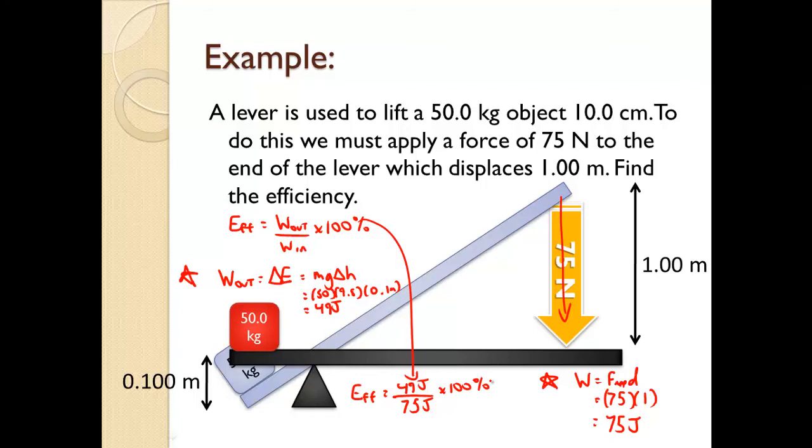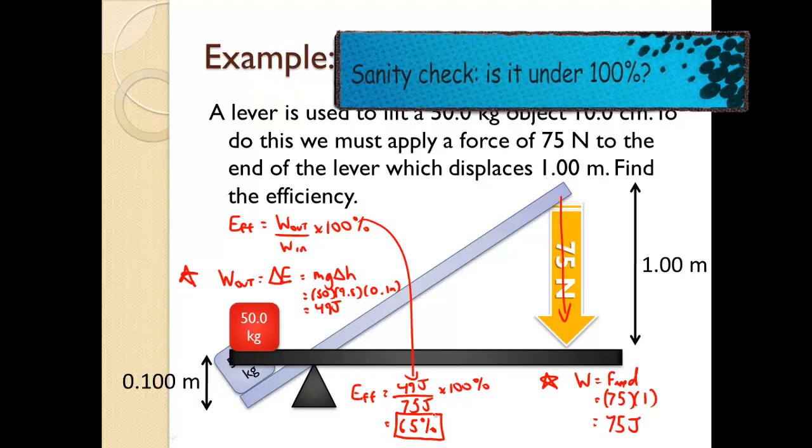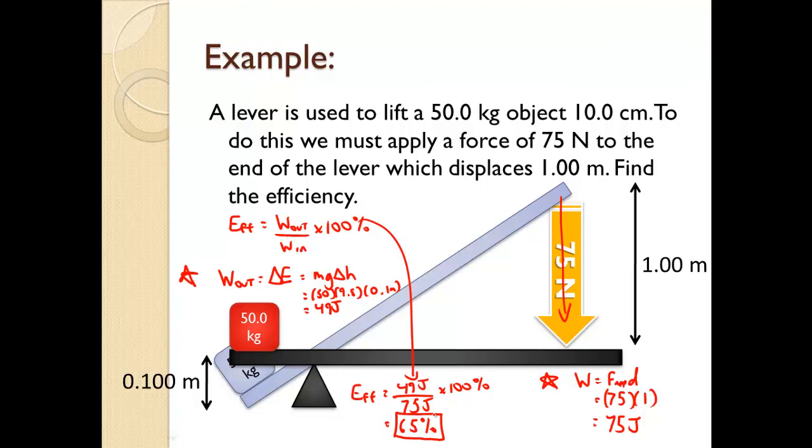Easy. If you end up with an efficiency over 100%, chances are you're not on the right track. But if we do this math, we should end up with a nice percentage of 65%. That means for the amount of work that we put into the machine, 65% of that work is actually output by the machine. So there you have it, folks.